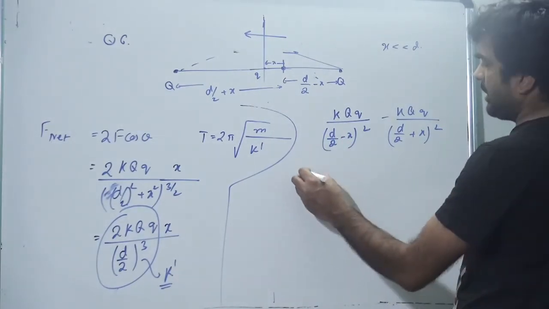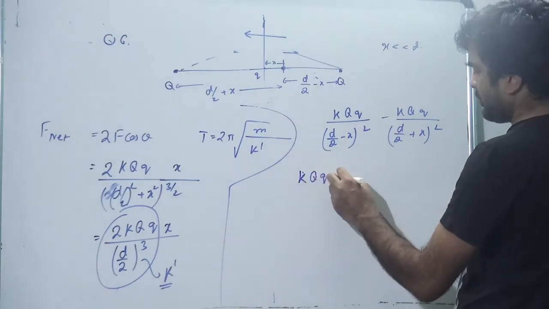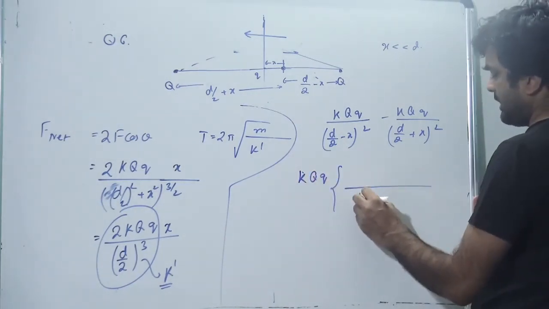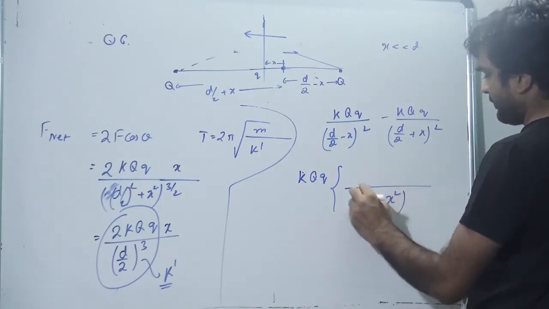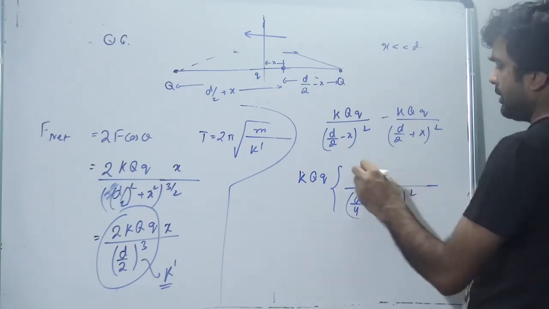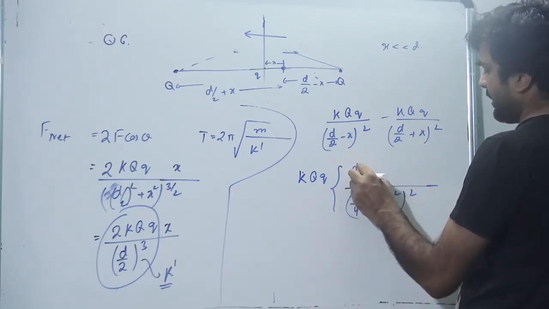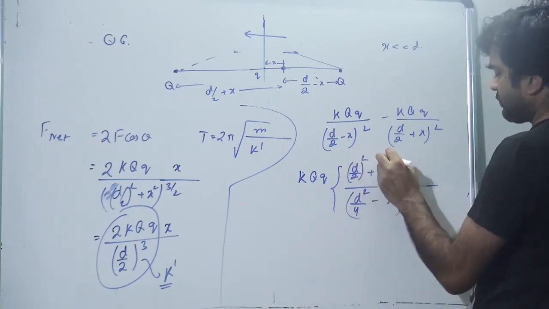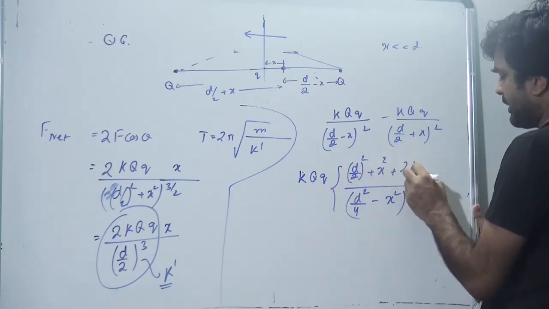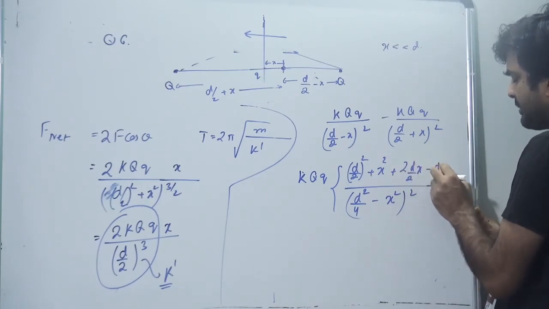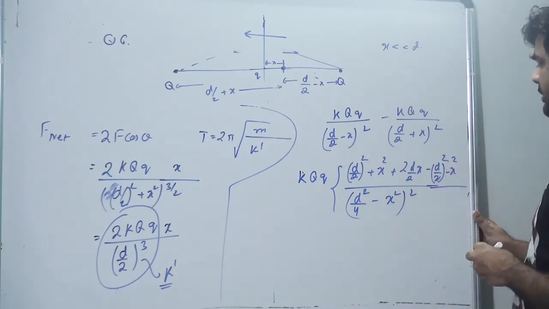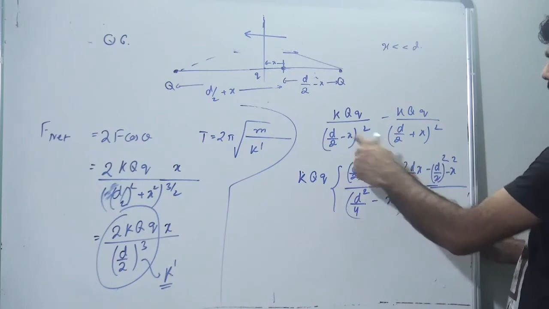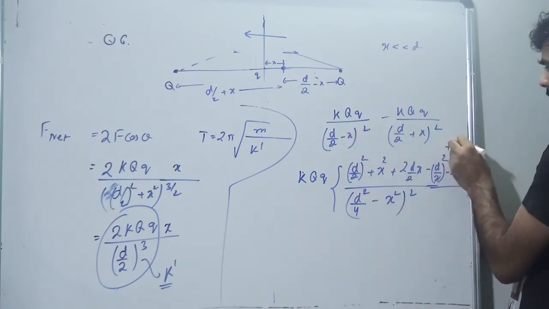Simplifying this, we can take kQq as common, upon d square by 4 minus x square whole square, into d by 2 whole square plus x square plus 2 d by 2 x minus d by 2 whole square minus x square, and the last term will be plus 2 d by 2 into x.